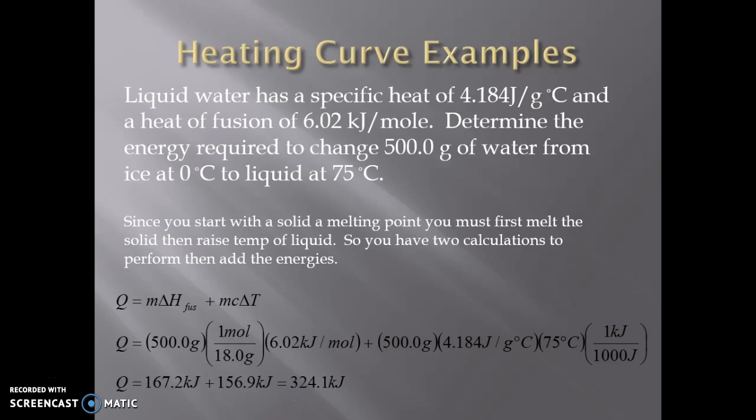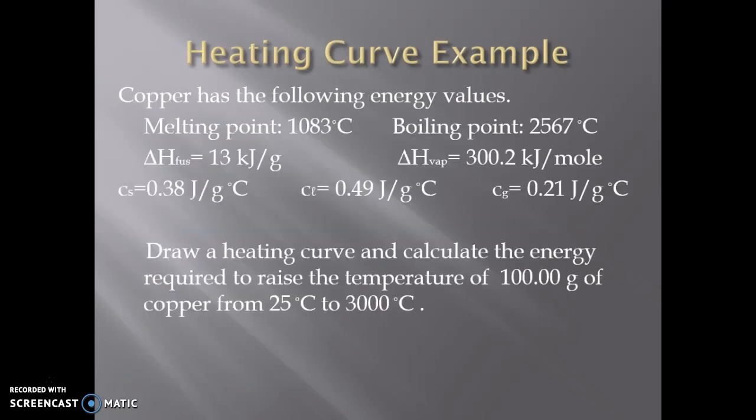For complicated heating and cooling curves, it might be useful to actually draw your own heating and cooling curve. So if you have 5 sections, if you have 4, if you have 3, whatever it takes. So here's an example where you've got a whole lot of change going on. All of these constants are available to you, as well as melting points and boiling points.